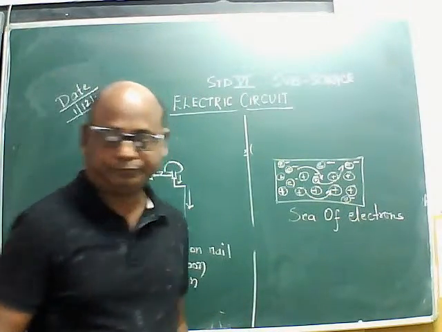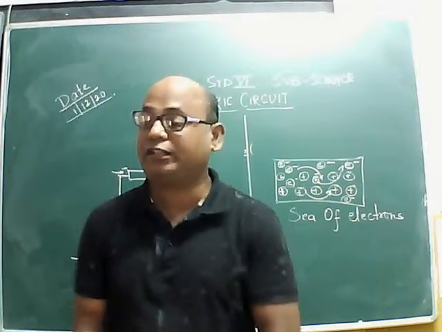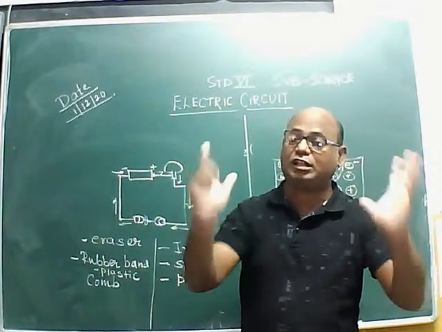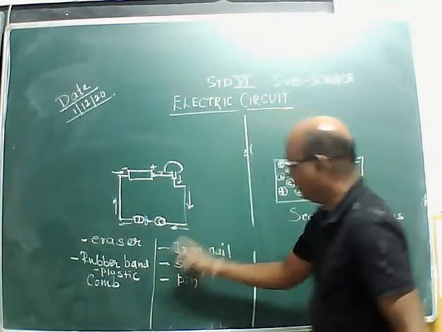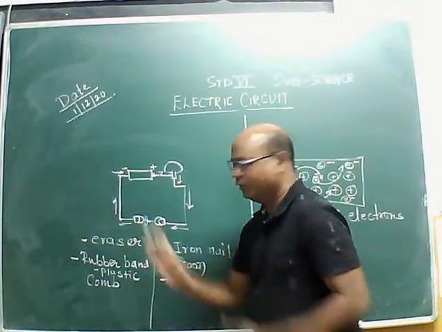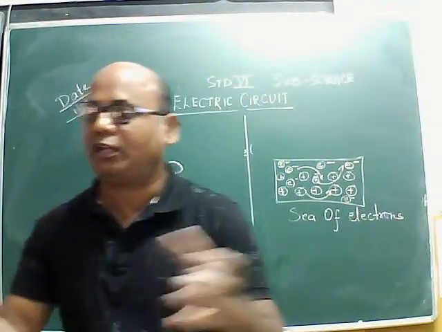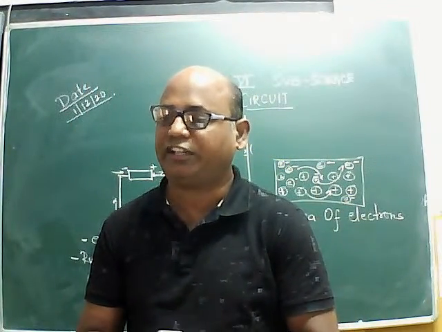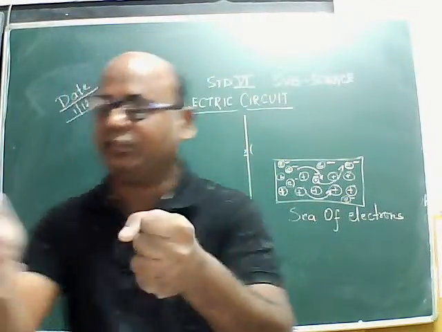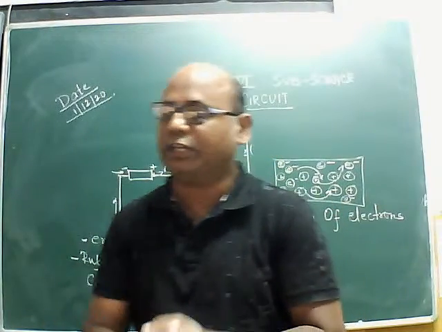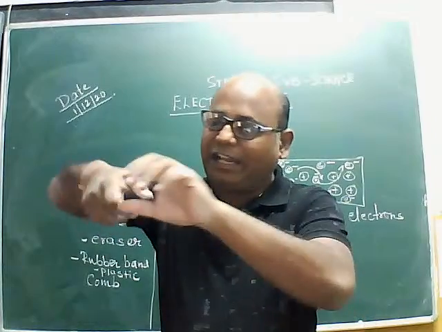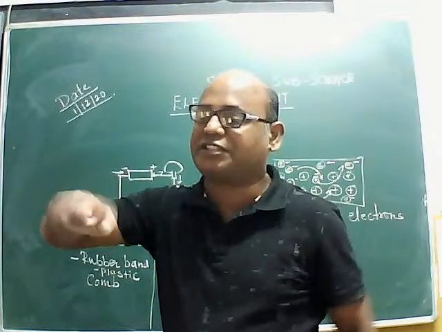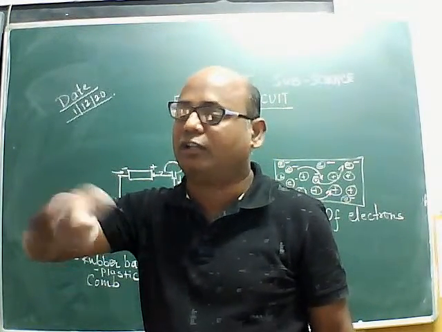Then, these conductors and insulators are very useful for us. Now we will learn about the uses of these insulators. Just think, you are an electrician and you have tools like a plier and a tester, and you know that the handle is made up of plastic or rubber, which is an insulator.